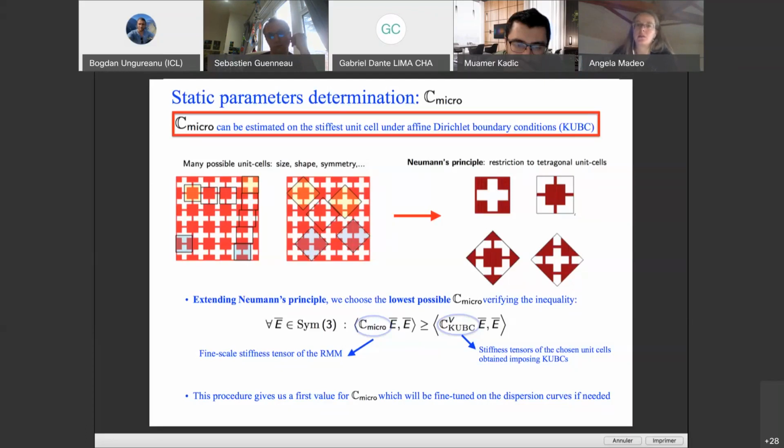Imposing kinematically uniform boundary conditions is standard, done in numerical homogenization. So we impose displacements on the unit cells.